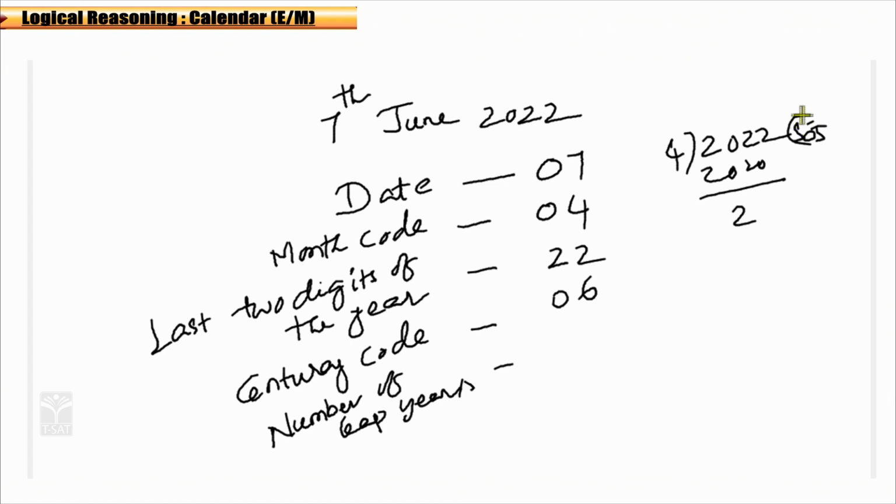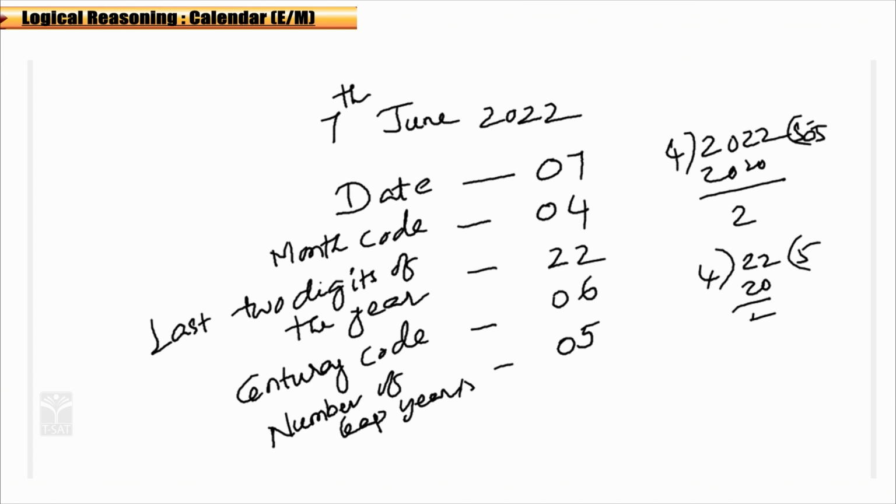So, just observe, this is 2022, now consider only 22. It's simply 4 5s are 20, so 22 divided by 4. What is the quotient here? 5.